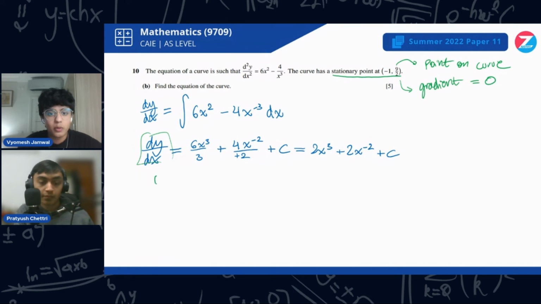We just substitute the negative 1 value into this. So it'll be 2 times negative 1 cubed plus 2 times negative 1 to the power negative 2 plus c equals 0.